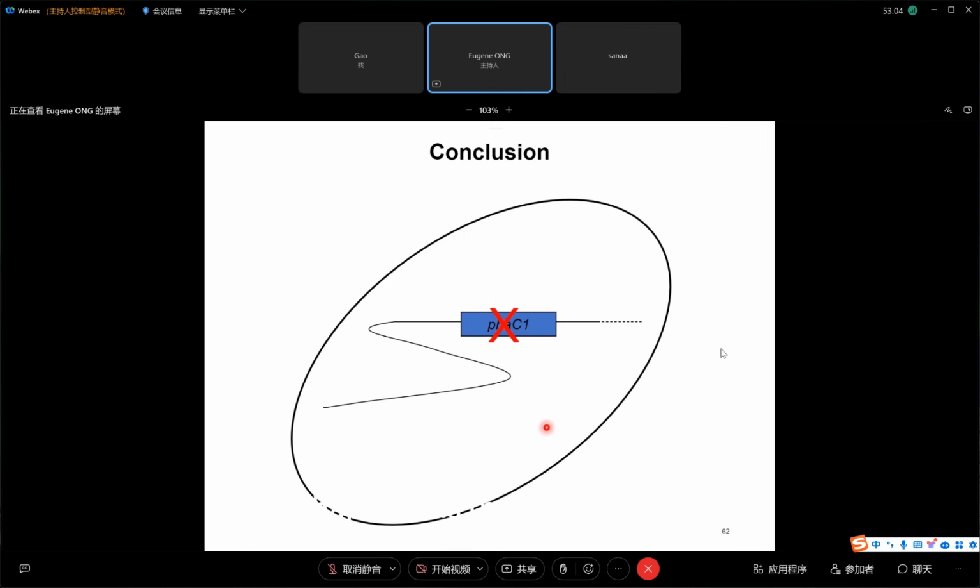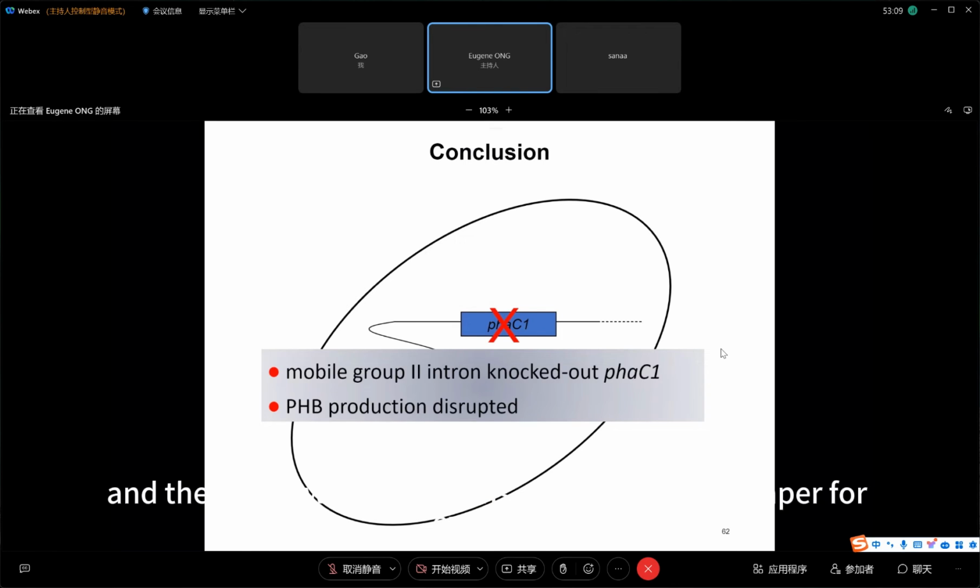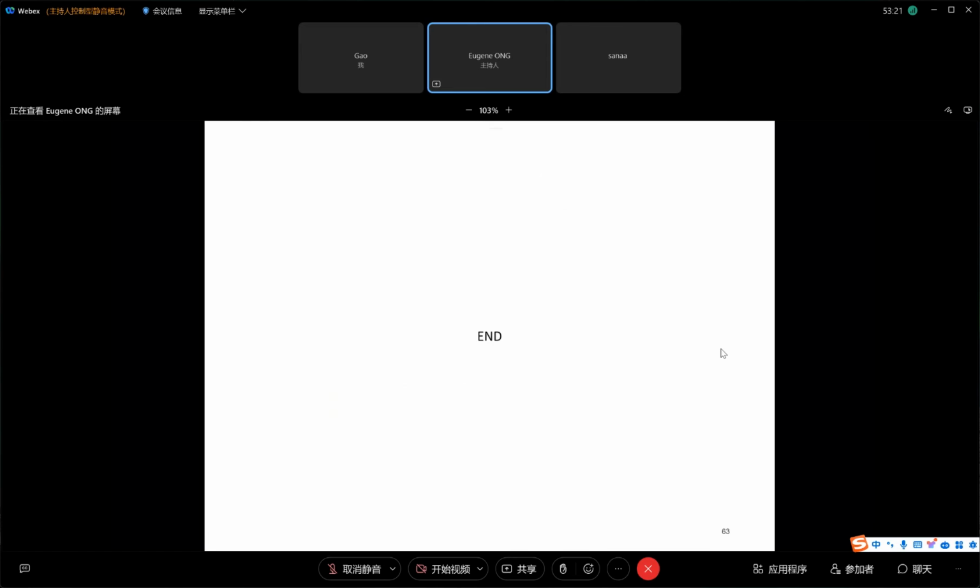So perhaps this is the conclusion for this. Okay, and there are two conclusions according to the paper, for example. You only need a simplified conclusion and summary, because at the end of the presentation, it must be meaningful. Okay.